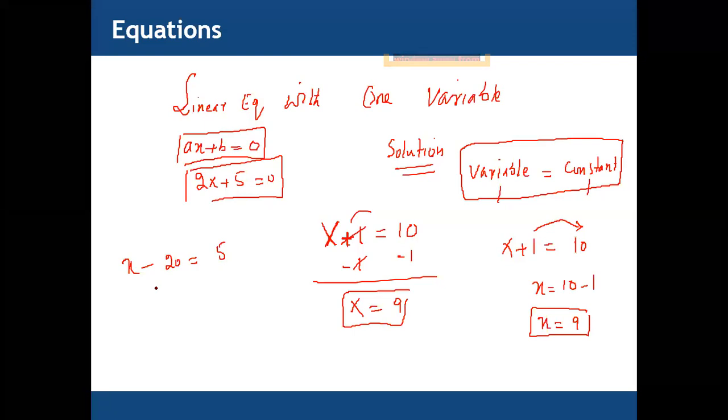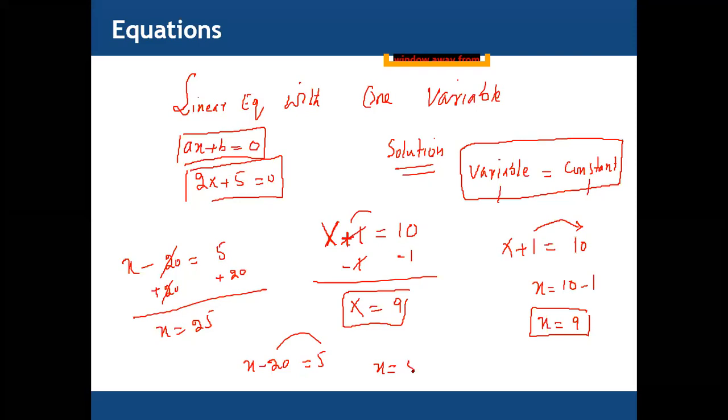Transferring or adding, both are possible. If you add 20 here and 20 with 5, the 20 cancels with this one. x is equal to 5 plus 20 equal to 25. Or for simplicity, x minus 20 equal to 5, transfer 20 to the other side. x is equal to 5 plus 20. Minus 20 becomes plus 20 and x is equal to 25.